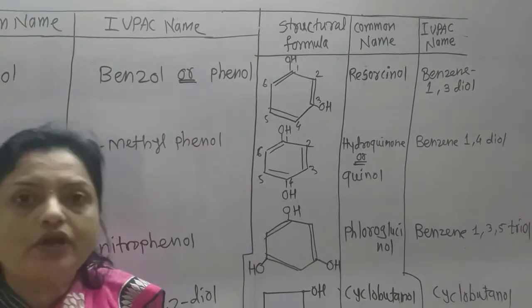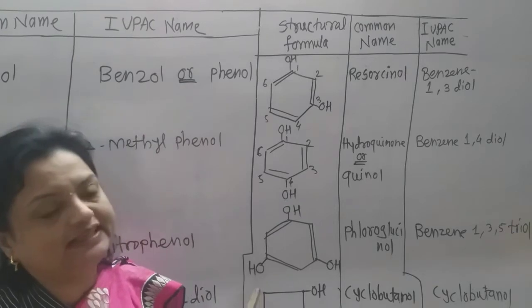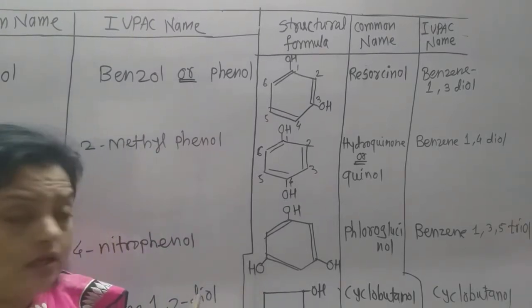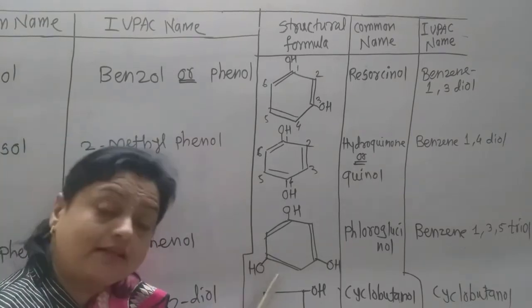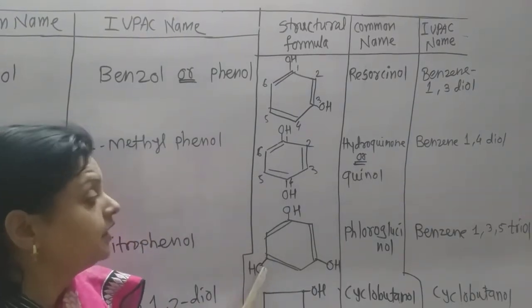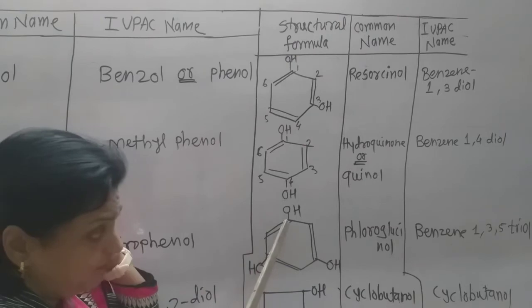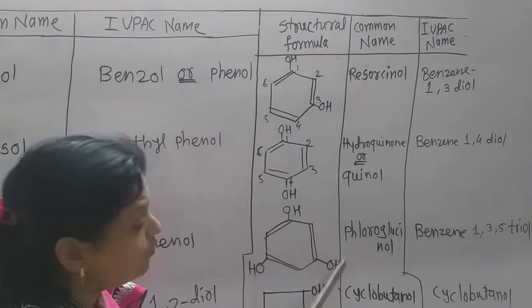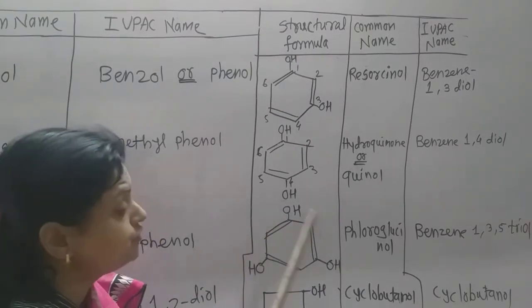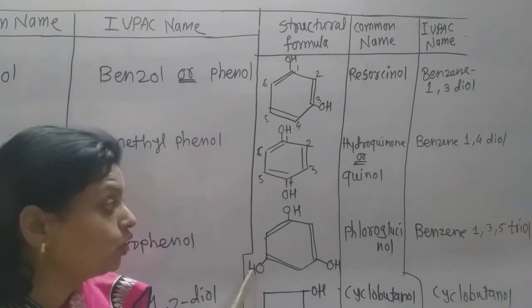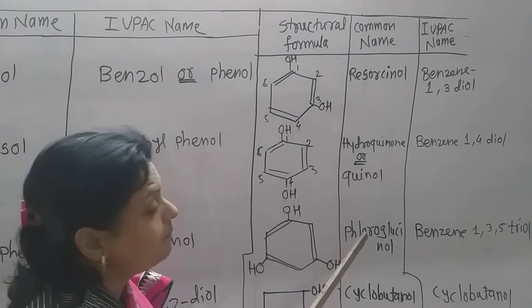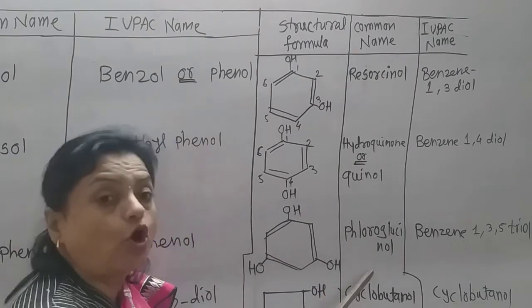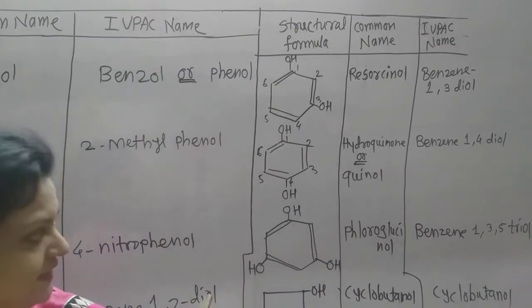If three OH groups are present, we call it glycerol or triol, and the IUPAC name is given as triols. Here also these are aromatic triols. Now if the common name is given for this phenol having three OH groups, it is called pyrogallol.